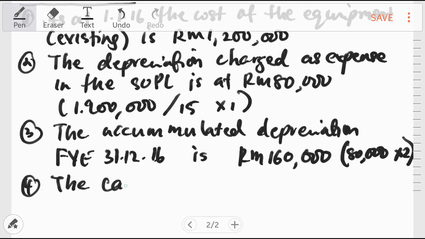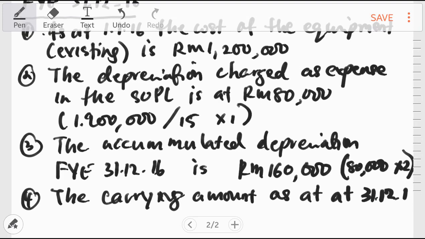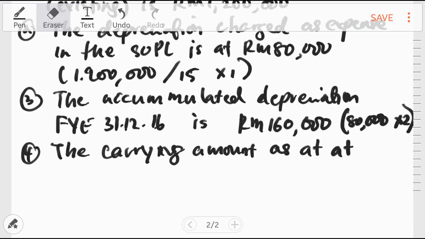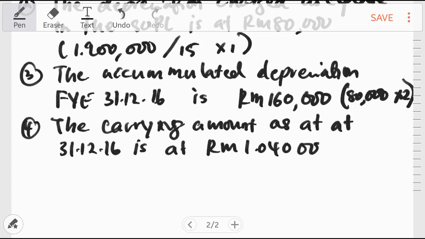So we'll say the carrying value, or the carrying amount, of equipment as at 31st of December 16 is at RM1.04 million.